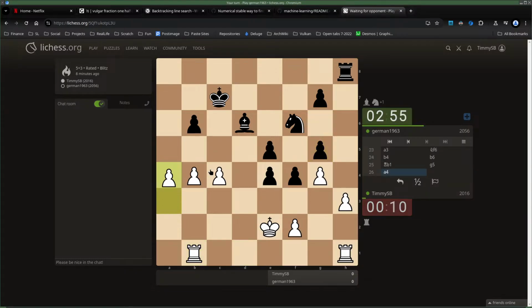Yeah, I don't have much, not enough time to think. Should we push this pawn maybe?